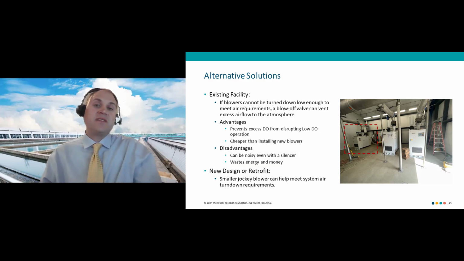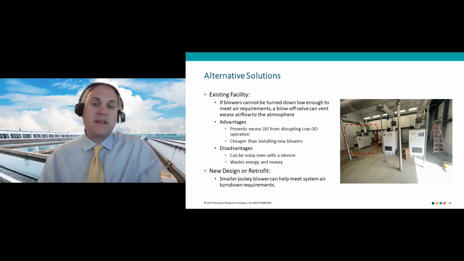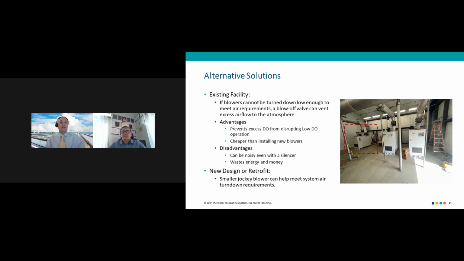For alternatives for plants that aren't able to install new blowers, and particularly new dual-core blowers, there are some other options. There can be a blow-off valve installed onto the main air header. In this case, we can just vent excess air to prevent increased DO by over-aerating if we can't turn down the blowers as far as we need to.